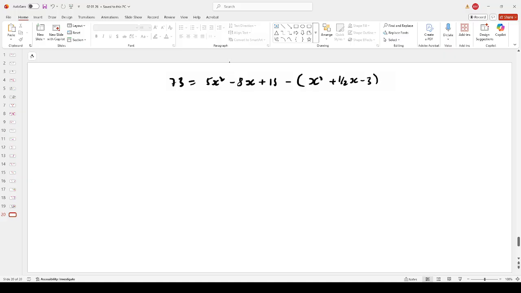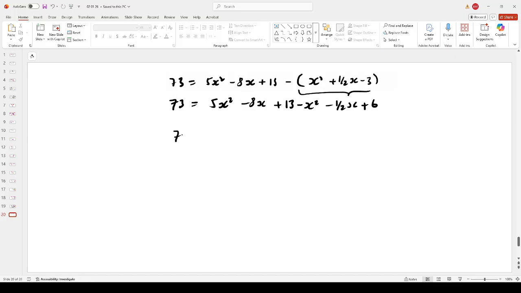Let me know if I've made any mistakes. So we're minusing the whole thing. If we're minusing the whole thing, what happens to all these terms? They all get a minus, right? So minus x squared minus a half x minus plus 6.